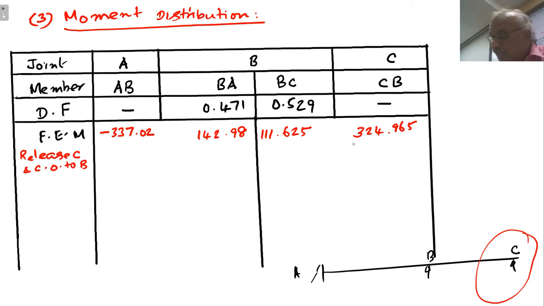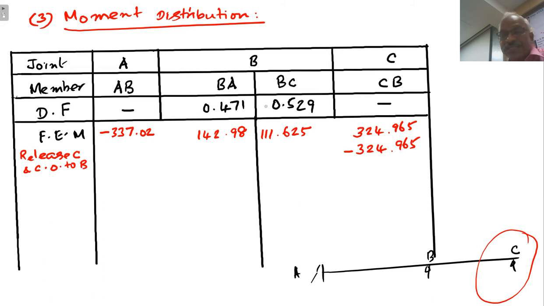Therefore, you have to apply minus 324.965 so that we make it 0. So we are applying a moment of minus 324.965 for making it 0.